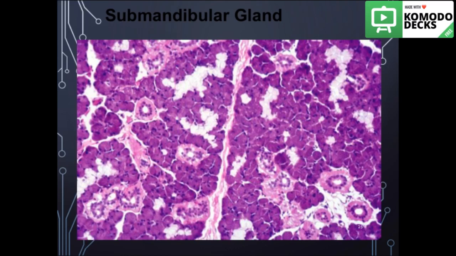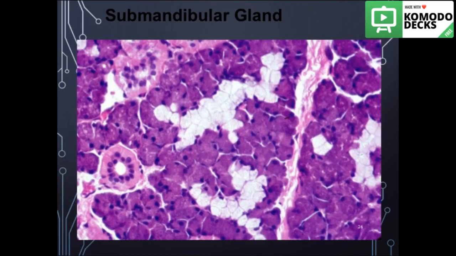Striated ducts are also obvious. We can hardly locate intercalated ducts. A more magnified view. Mucus cells have more basally located nuclei.